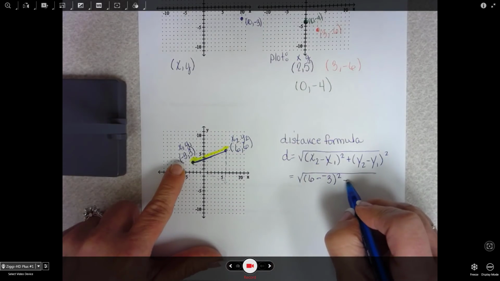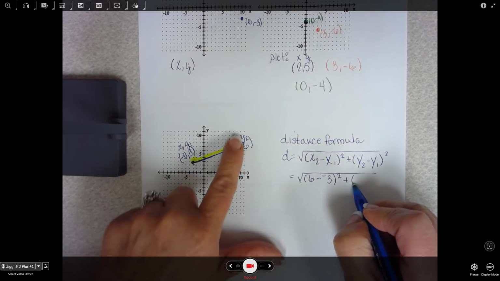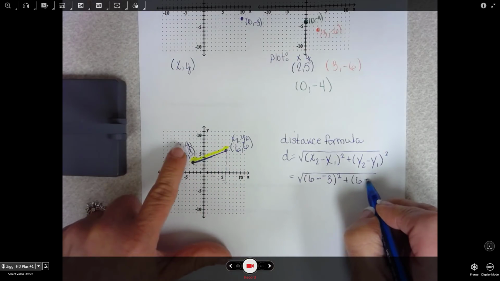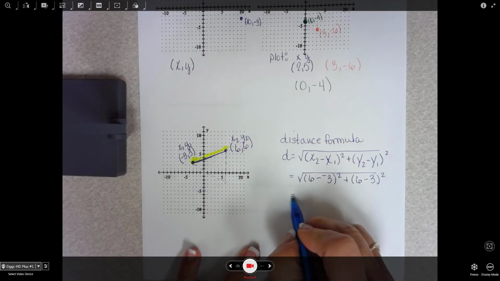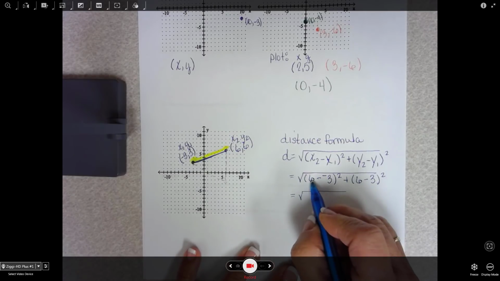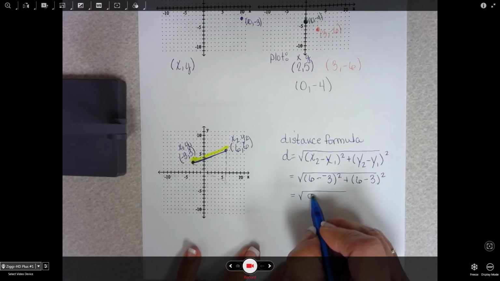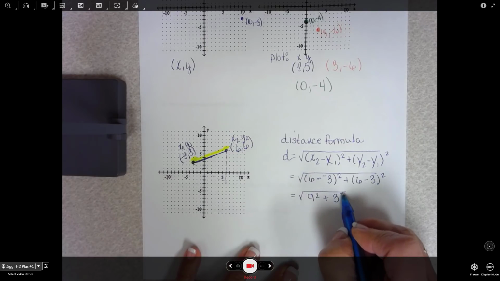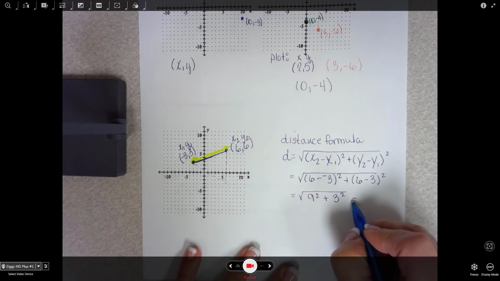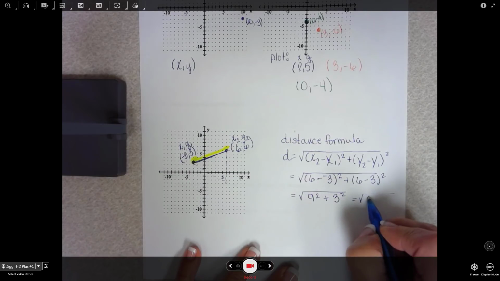Don't shortcut it. y2 minus y1 squared. And then we just work it out. So 6 plus 3 is 9 squared. 6 minus 3 is 3 squared. And just carry it out. Don't get in a hurry.